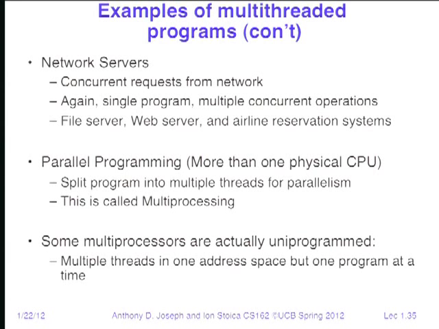Parallel programming also makes sense with multi-threading because you've got multiple CPUs that you're trying to schedule activities onto. Sometimes this is done in a uni-programmed model, where one program runs on old HPC, high-performance computing style machines. You had multiple processors all operating on the same program, on the same data.